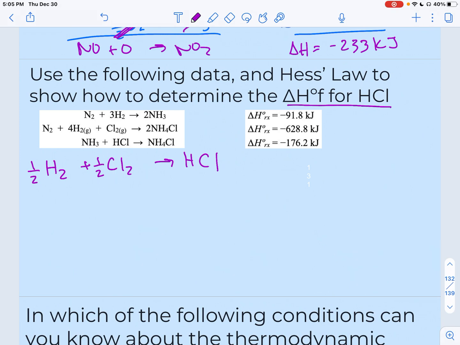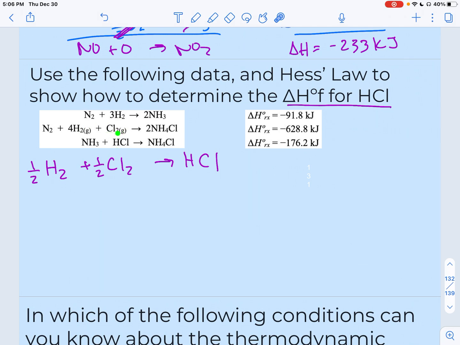All right, so we can start with whatever one we want. I don't think I would start with the first one. And the reason is because there is H2 here, and that is in our overall reaction, but H2 is also here. So I'm not going to know exactly how to do that yet. So instead, I'm going to just start with HCl.